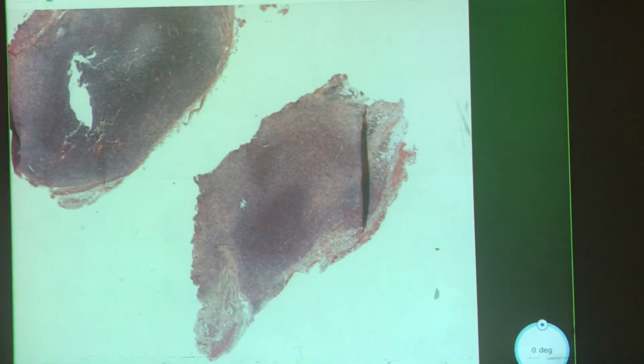And then low power, it doesn't really seem to have... It's not very well circumscribed. Right. So that's important. I think that's about it. Is there? Oh, there's more.